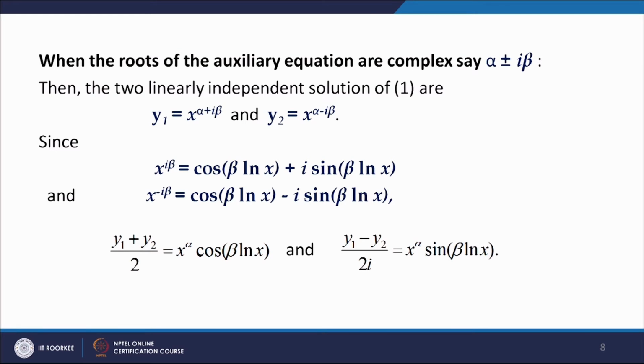Now our equation is a homogeneous equation. So if y1 and y2 are two solutions of that, then y1 plus y2 over 2 and y1 minus y2 over 2i are also solutions of that. So x to the power alpha cos beta ln x and x to the power alpha sin beta ln x are also solutions of the homogeneous Cauchy Euler equation.